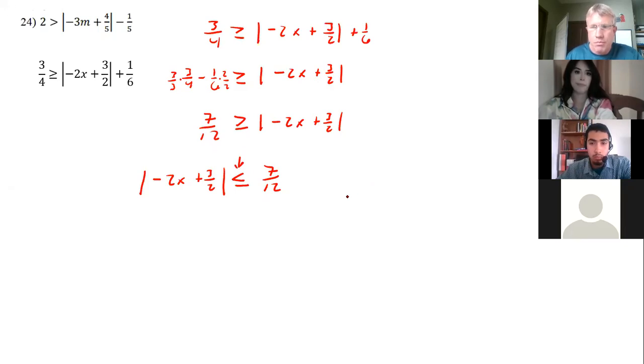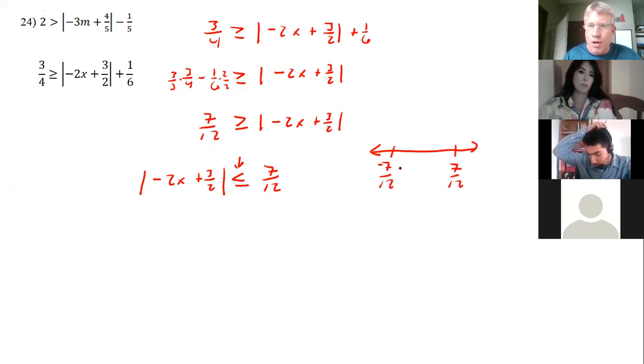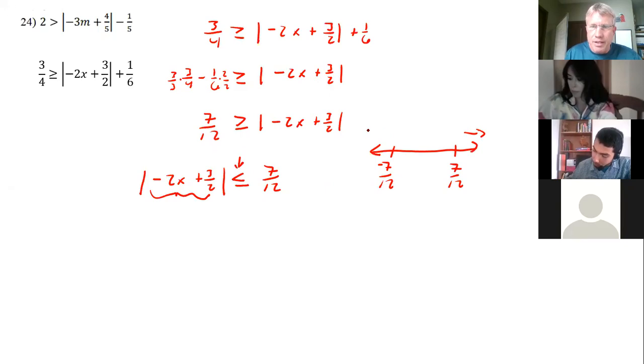The moment you know the distances are less than something, that 7/12 is forming a boundary. 7/12, and what's the other number? Negative 7/12.